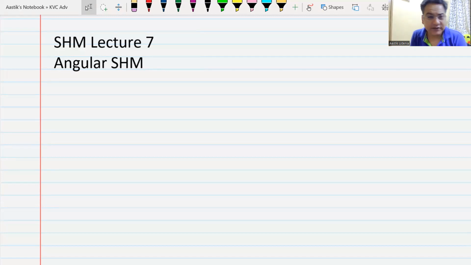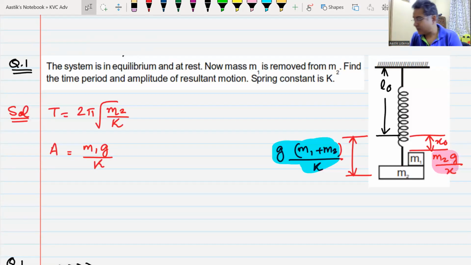We are into lecture number 7 of SHM, and most likely we would be winding up SHM in this particular class. Just to give you a quick recap of what we had done in the previous class: we had seen some really nice problems where we found the amplitude of SHM in different cases.